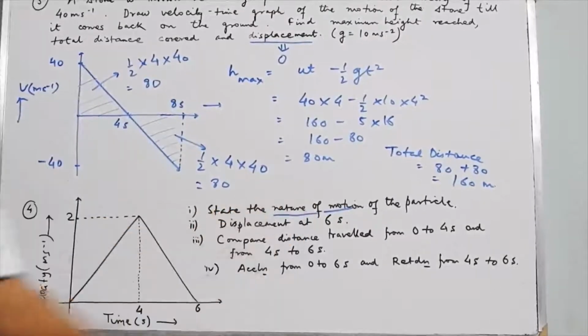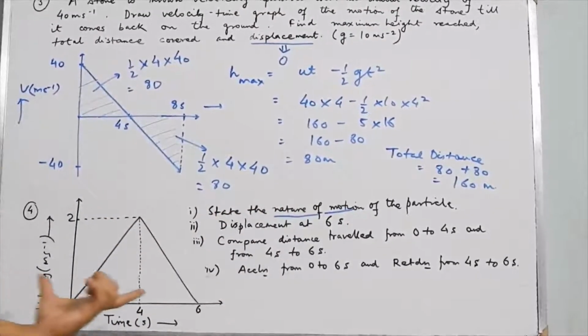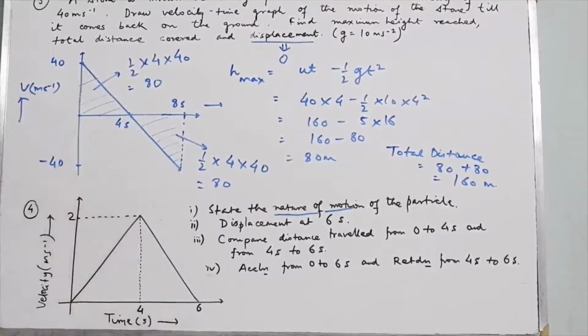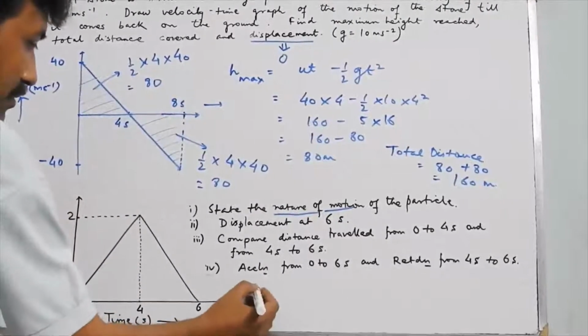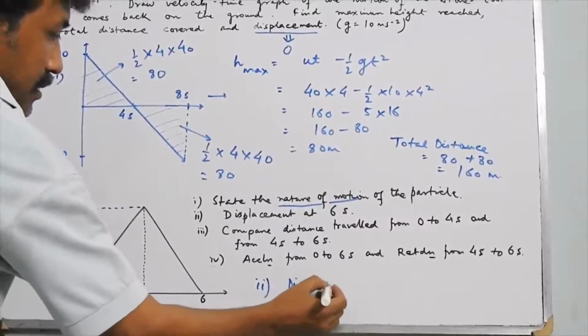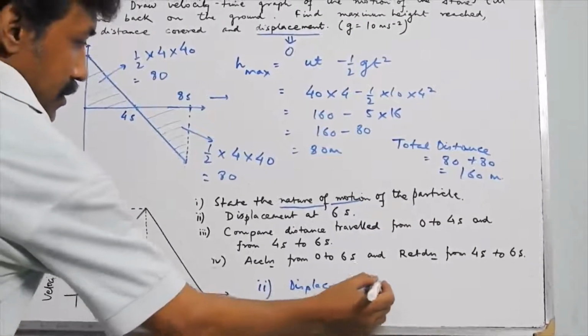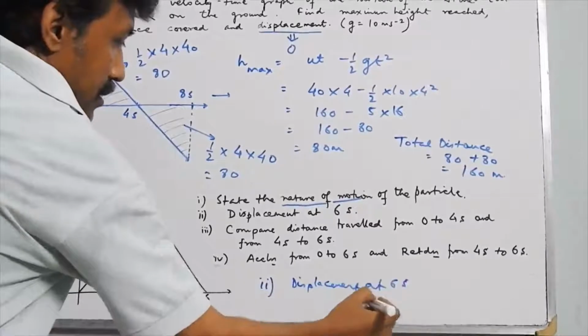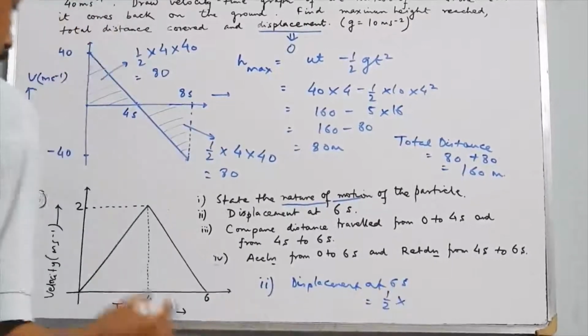Now we have to calculate the displacement at 6 seconds. Obviously for this we can calculate the area of the graph, that is half into base into height.